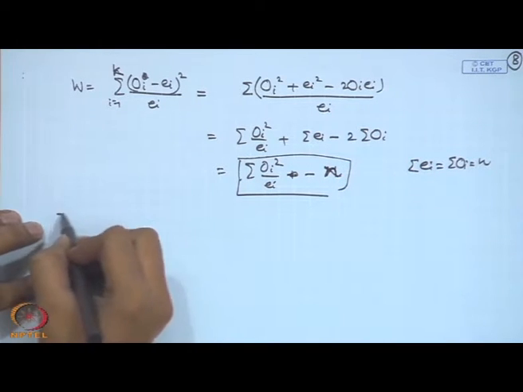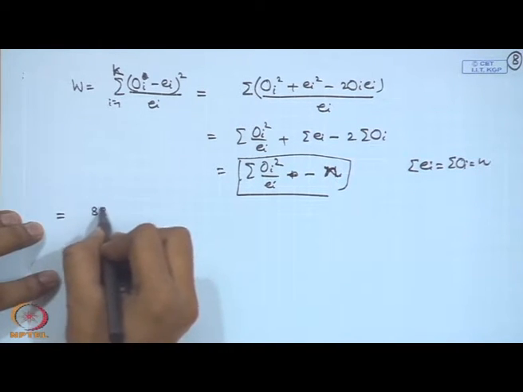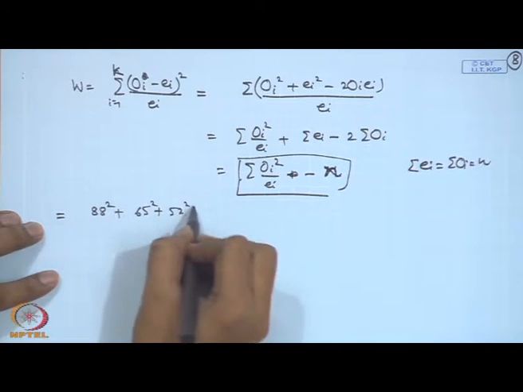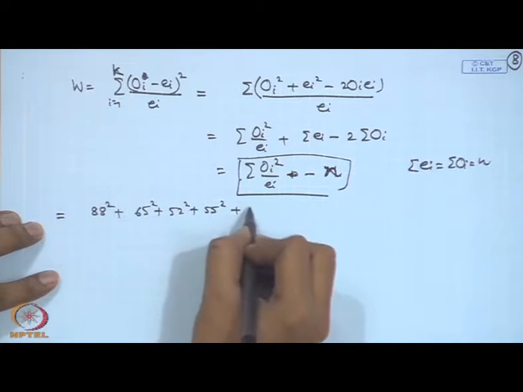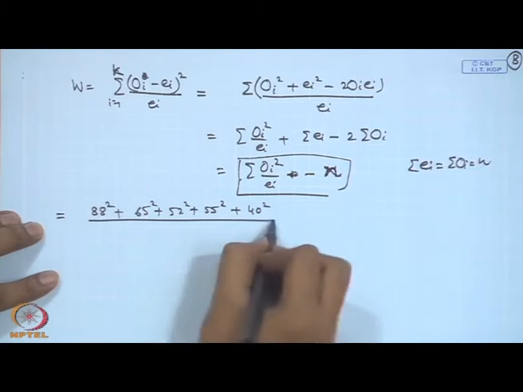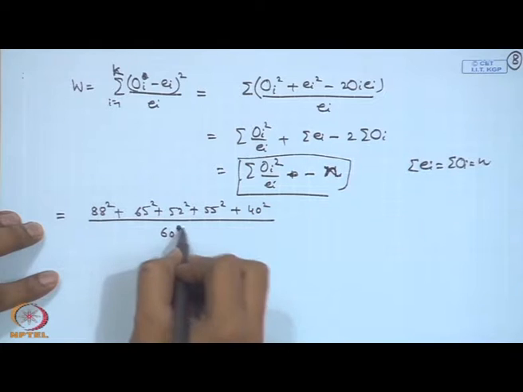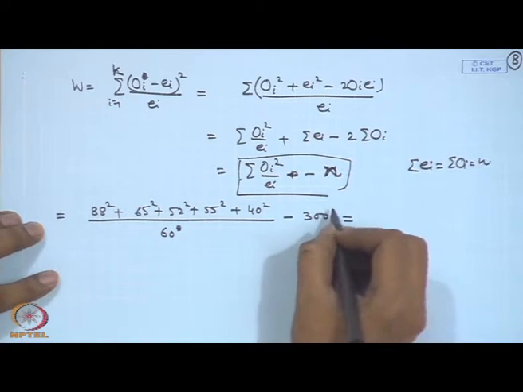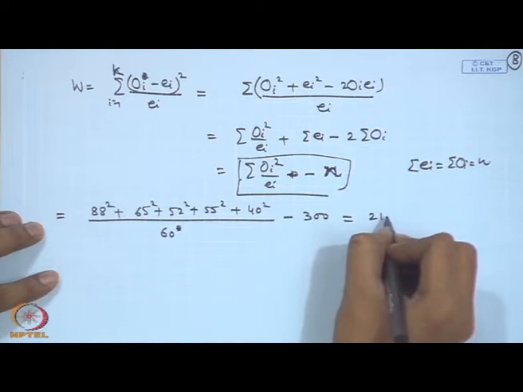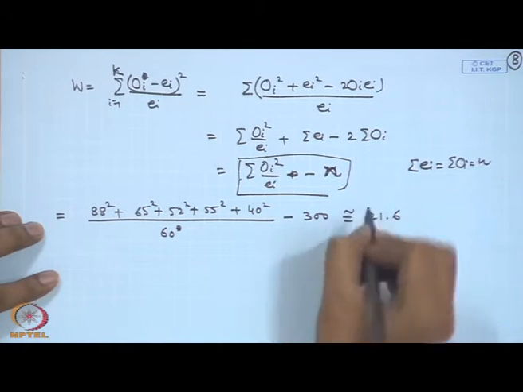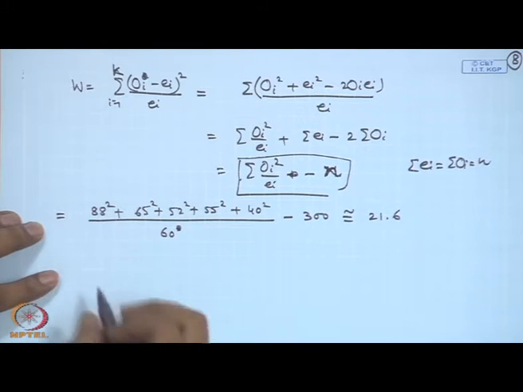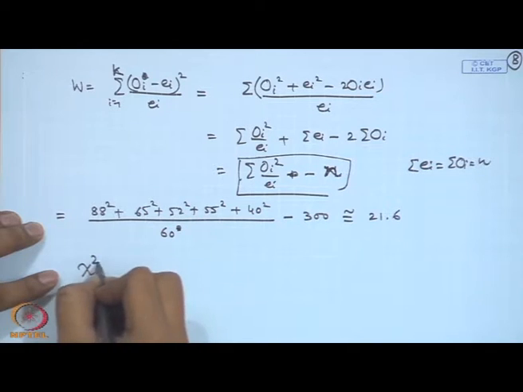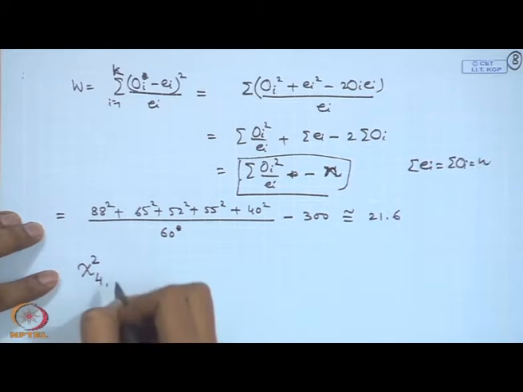So, we calculate here sigma O_i square by 60 minus 300. You can do the calculations; it turns out to be equal to 21.6. Now, there are 5 groups, so we need to look at the chi-square value on 4 degrees of freedom.